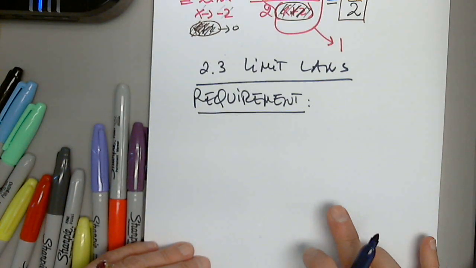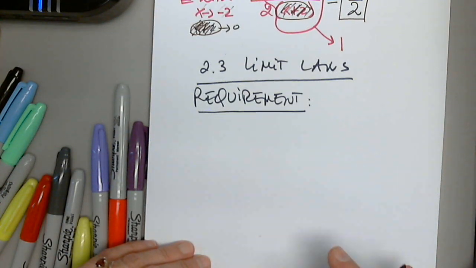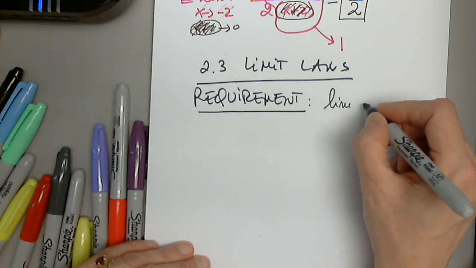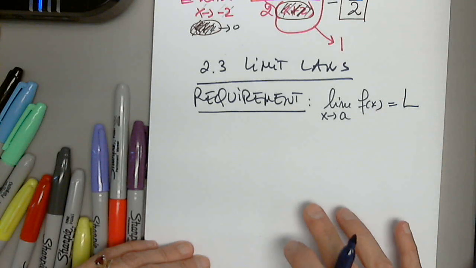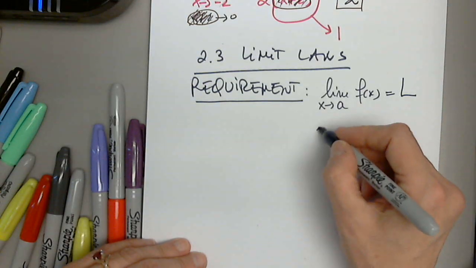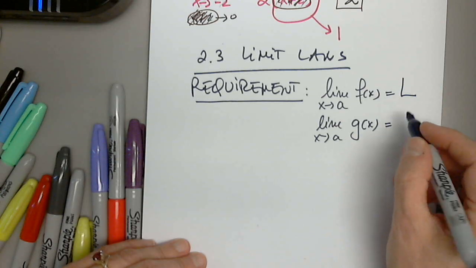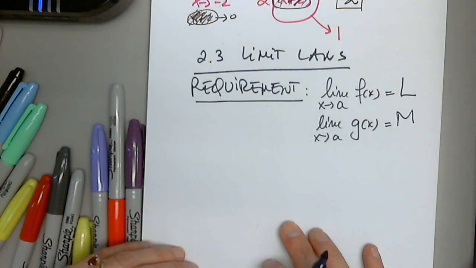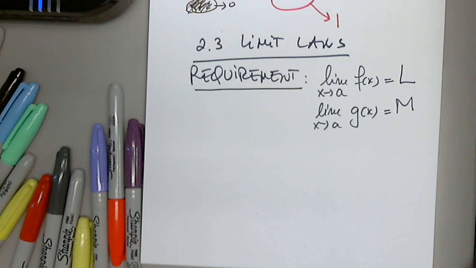If those two requirements are not fulfilled. So the limit of f of x as x approaches a must exist. When we write L, it means it's a number. It exists. And the limit of g of x as x approaches a is another number m, or it can be the same, it doesn't matter. But it means that the limits of f and g exist.